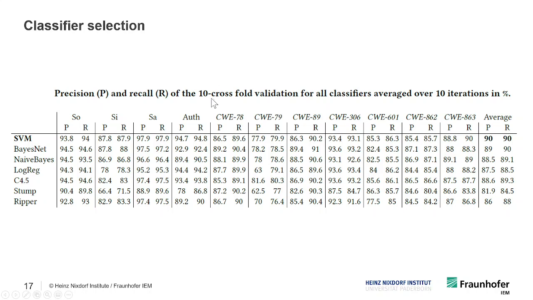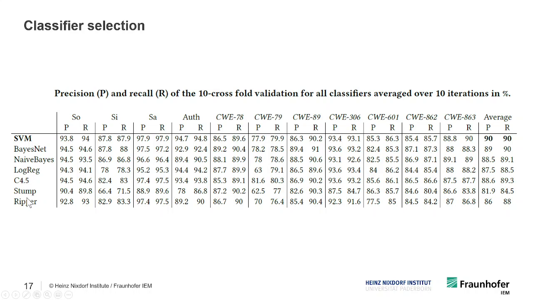We used SVM, the support vector machine classifier, Bayes network, naive Bayes, logistic regression, C4.5, which is a kind of decision tree classifier, Stump, which is also a kind of tree classifier, and Reaper.